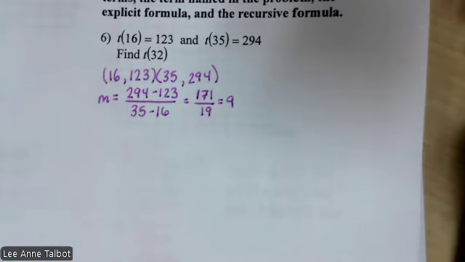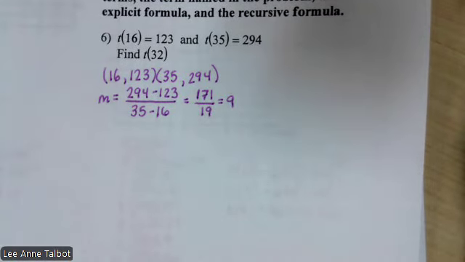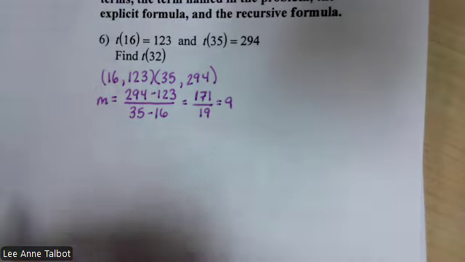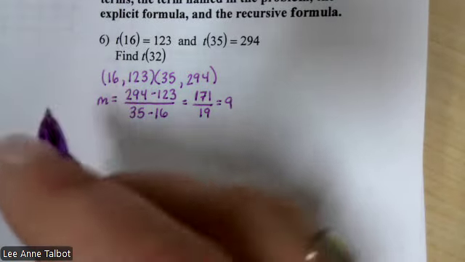Oh man, I was a little nervous there. That was going to be a terrible number, but it came out evenly. Nice. Did anyone know that 19 times 9 is 171? I had no idea. Which point do you want to use? The first one because it's lower numbers?